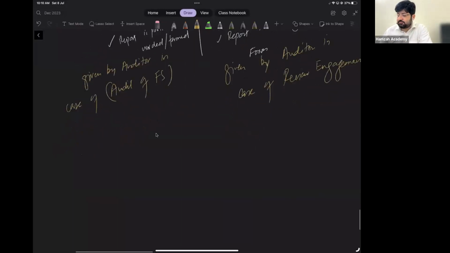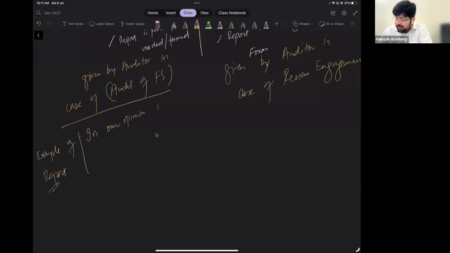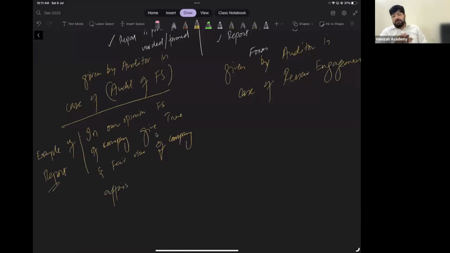Now, example of report. In our opinion, the financial statements of the company give a true and fair view of the company's affairs. In our opinion, this is the wording. Positive.